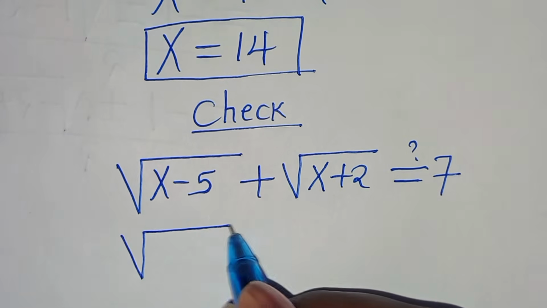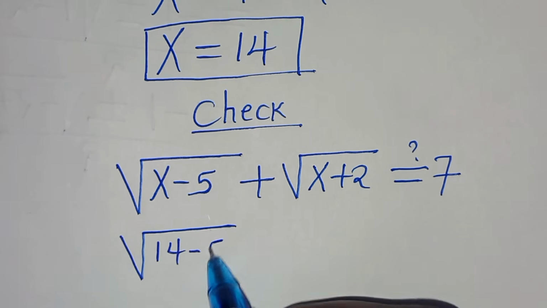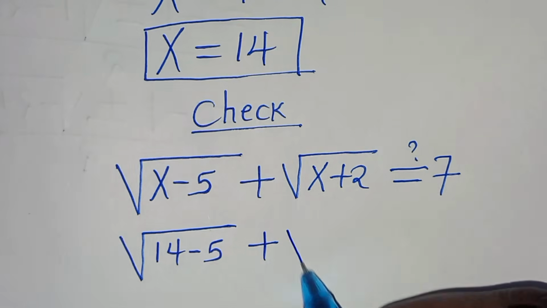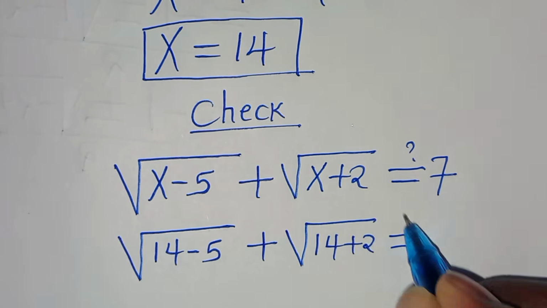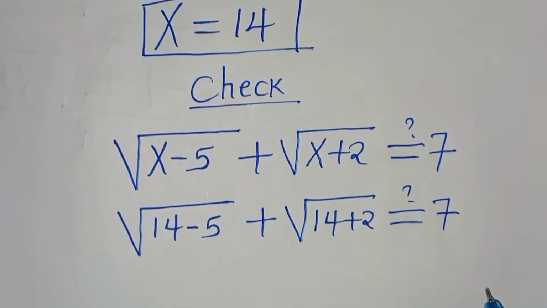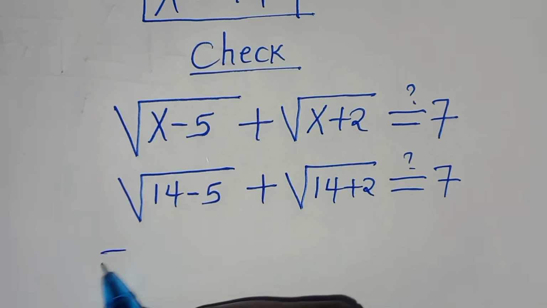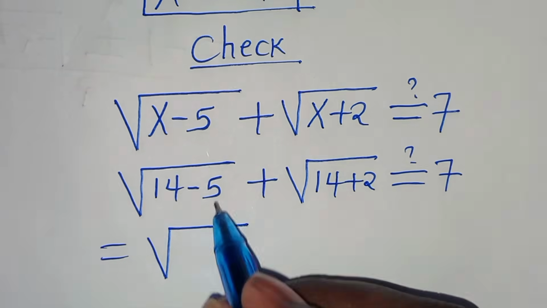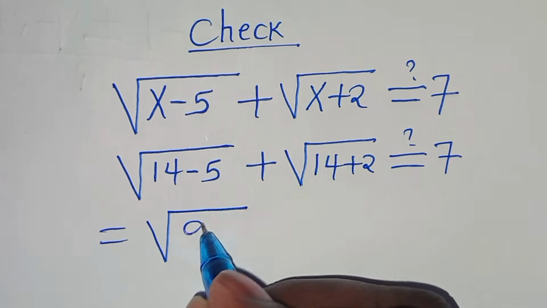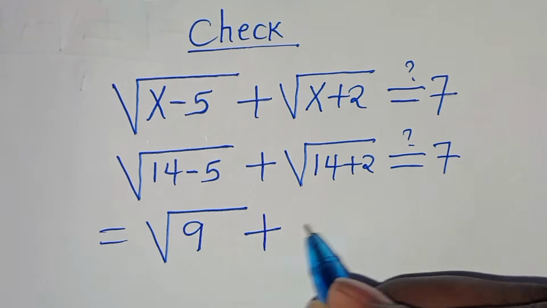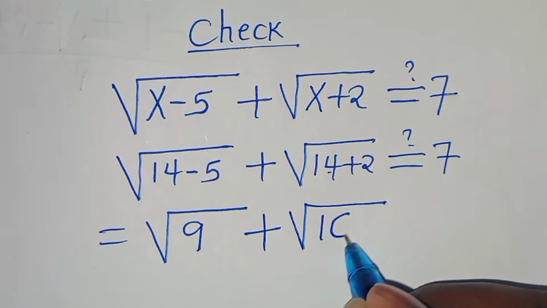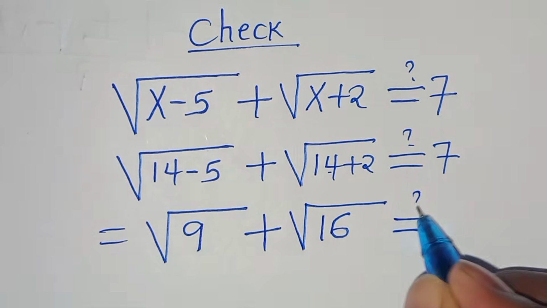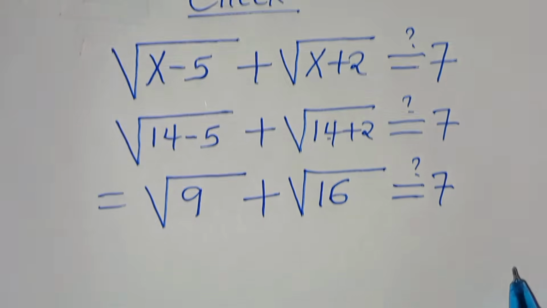So we have the square root of 14 minus 5 plus the square root of 14 plus 2. This should give us a value of 7. So this is the square root of 14 minus 5, which is 9, the square root of 9, then plus the square root of 14 plus 2, which is the square root of 16.